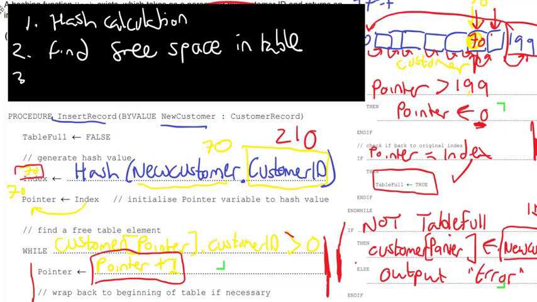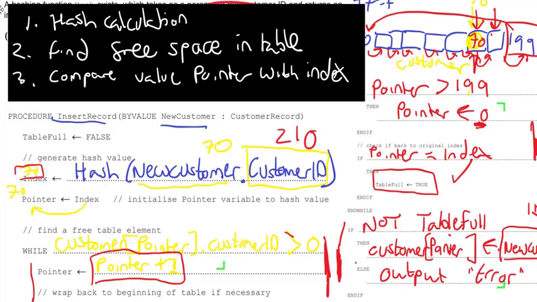Step 3, what we want to be doing is compare value pointer with index. And step 4, insert or assign record to array or error message. So we're checking for this error message.